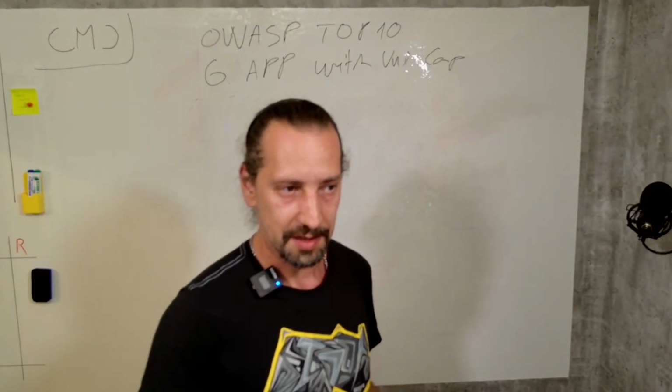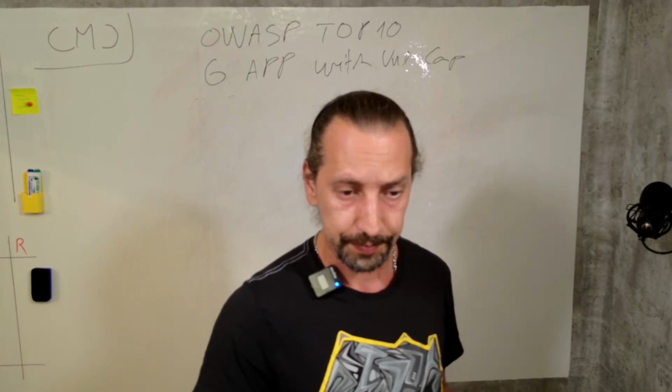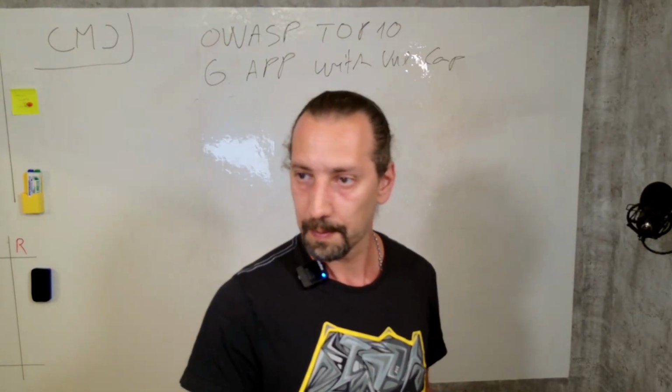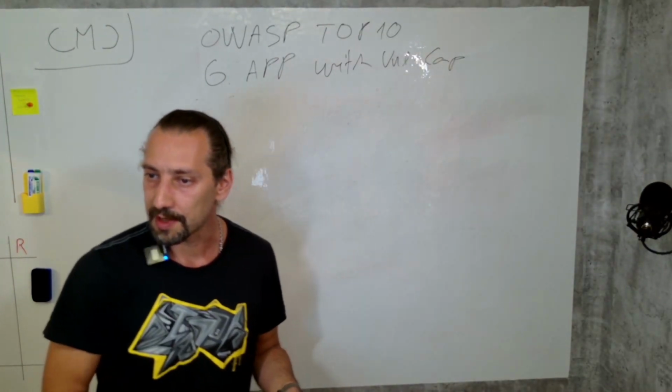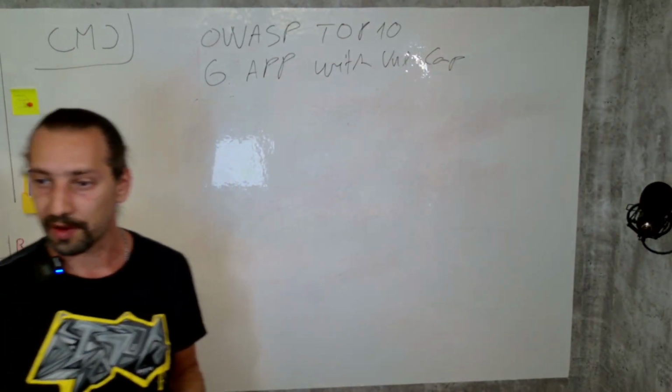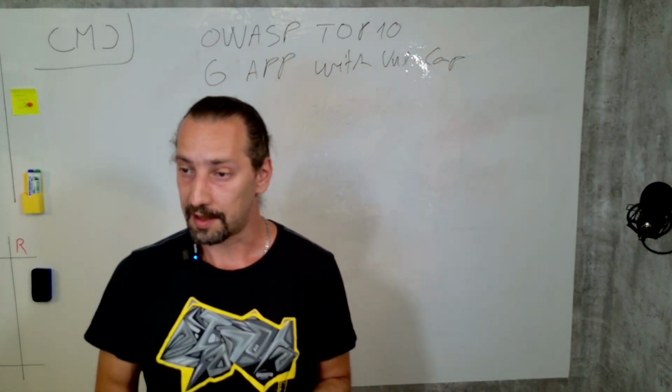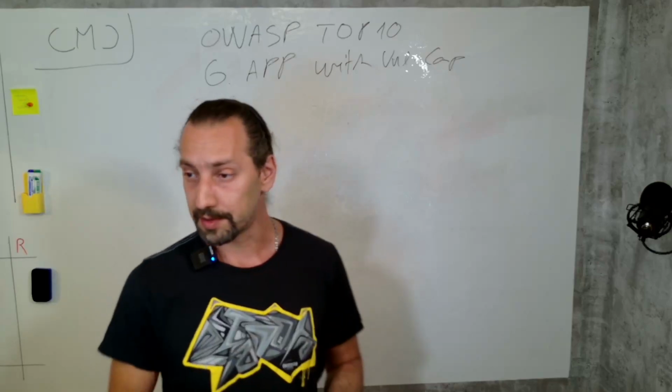Let's see what is on the OWASP list. So this was the vulnerable outdated component, and it's tightly connected to the release cycles.